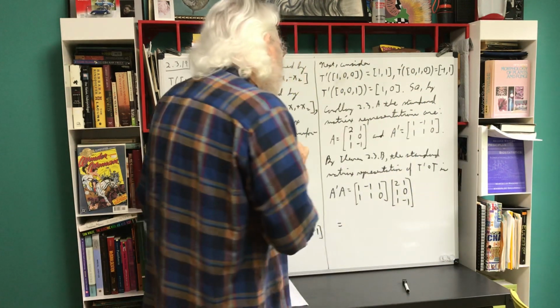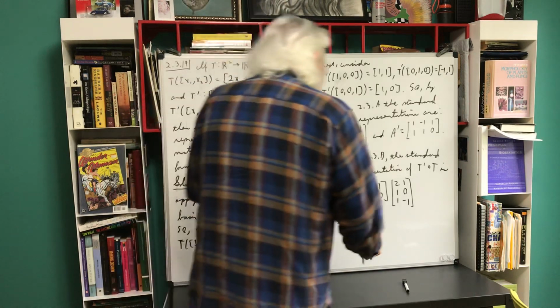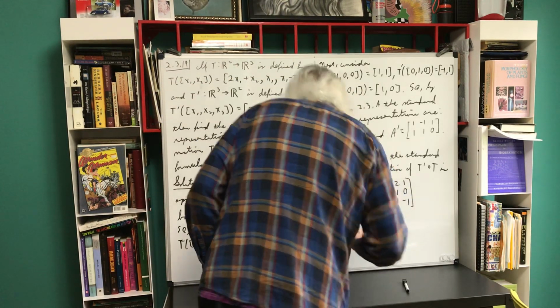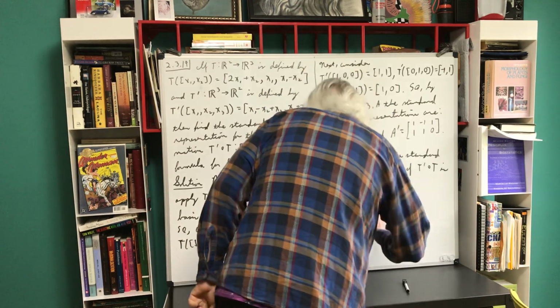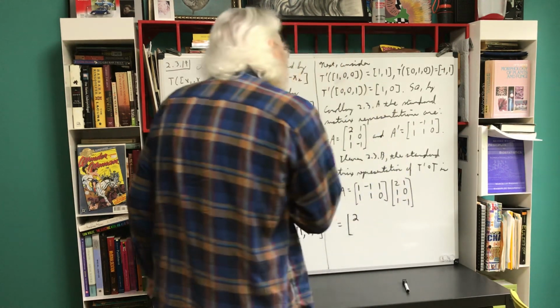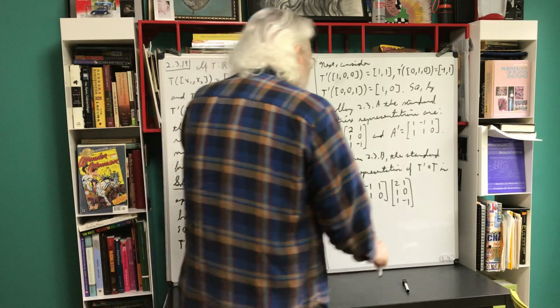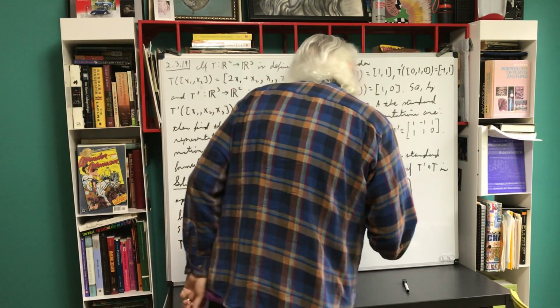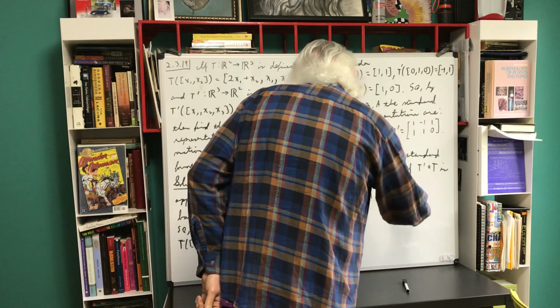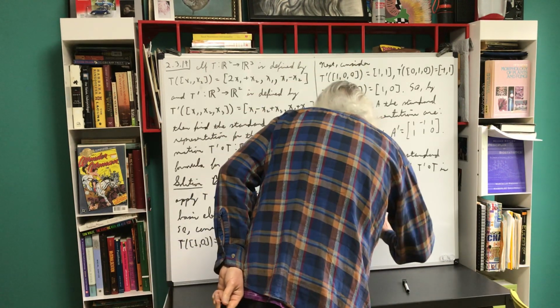Okay, so we'll do our row times column thing, and we'll get 2 minus 1 plus 1 for the first row, first column. First row, second column: 1, 0, negative 1, which is 0.